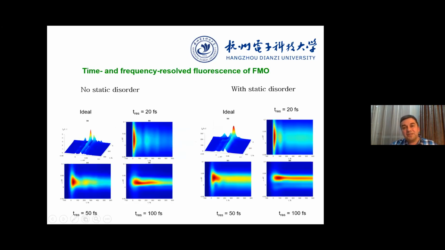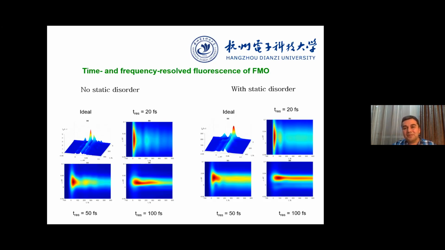And when we were thinking about which signal to calculate, we decided to calculate the time and frequency resolved fluorescence of FMO. A lot of people simulated 2D and pump-probe signals of FMO, but to our knowledge, nobody tried to calculate this time and frequency resolved fluorescence of FMO, and nobody tried to detect it.